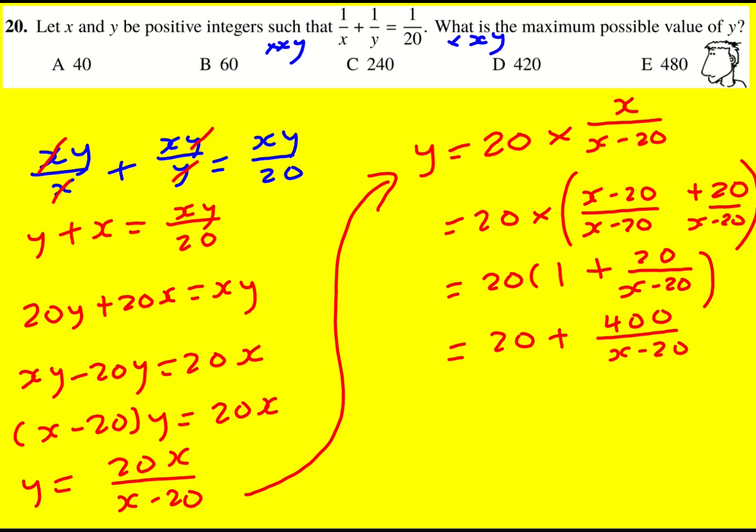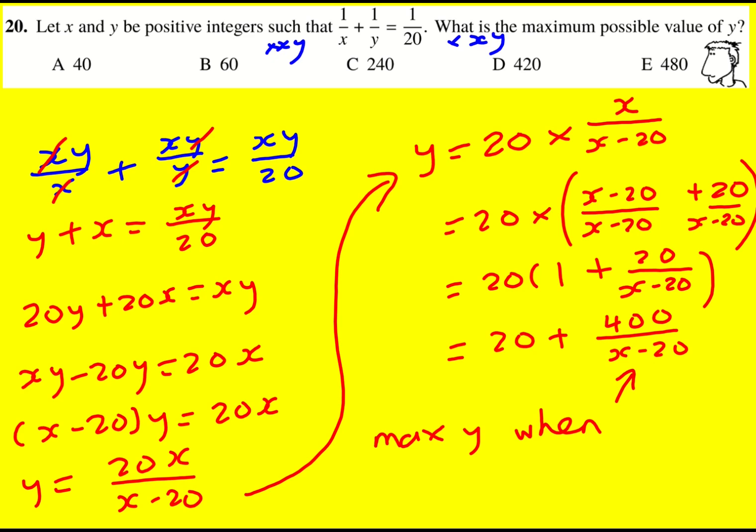So to maximize this, I want to maximize this, which means I want to minimize, because I'm dividing, I want to minimize x minus 20. So max y is when, and x has to be a positive integer. So the least it could be is 1, but then I'd be minusing something.